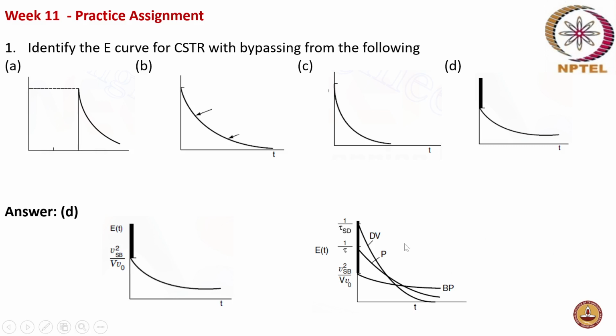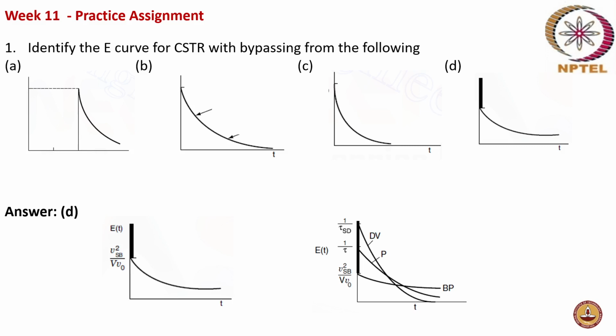That is why the E curve starts at a little higher value, and then it falls comparatively faster compared to an ideal CSTR. So this is how the comparative curves of an ideal CSTR, a CSTR with bypassing, and a CSTR with dead volume look.